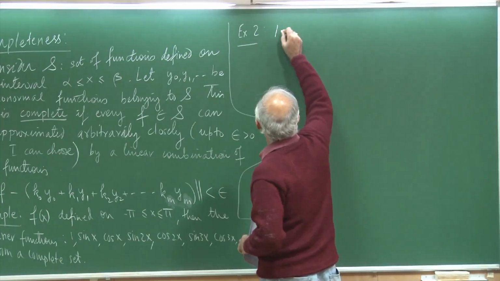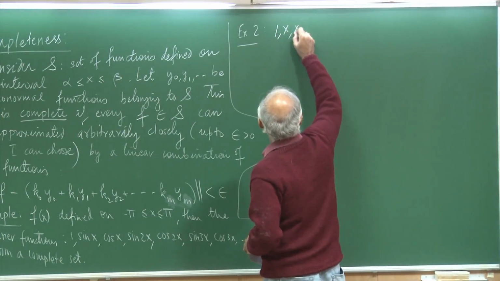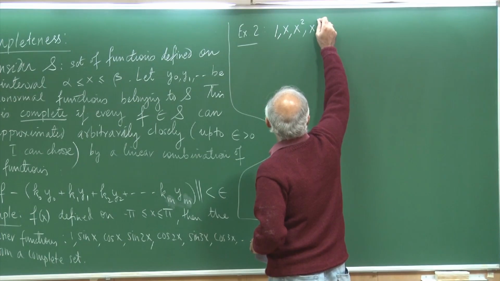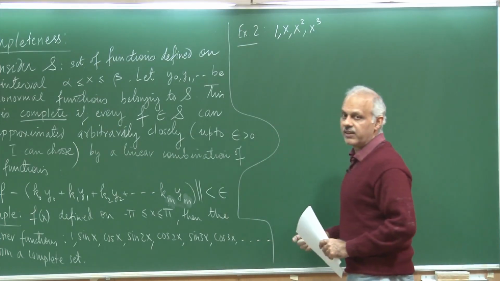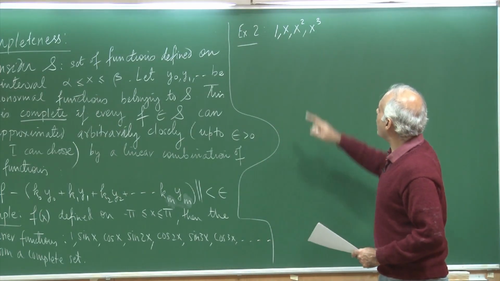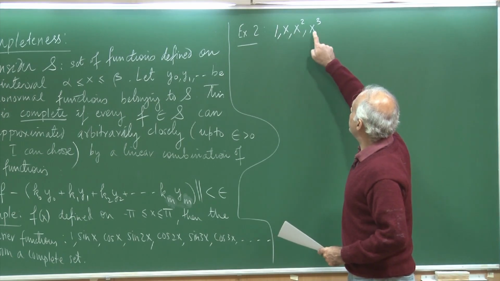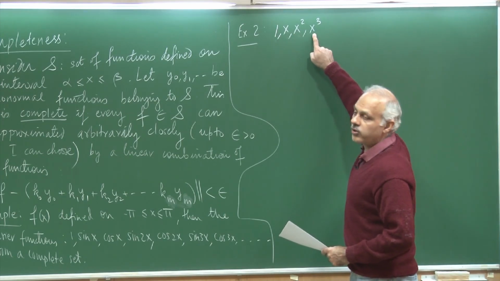So if I want to use, let's say, these bases, suppose I choose these as my basis functions, the monomials 1, x, x square, x cube, so there are 4 of them.